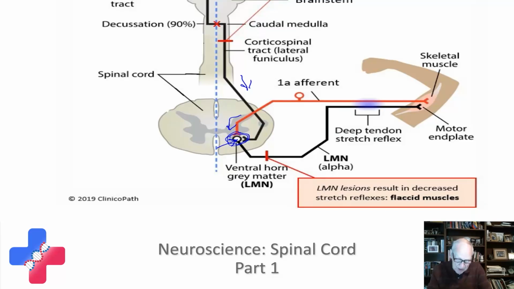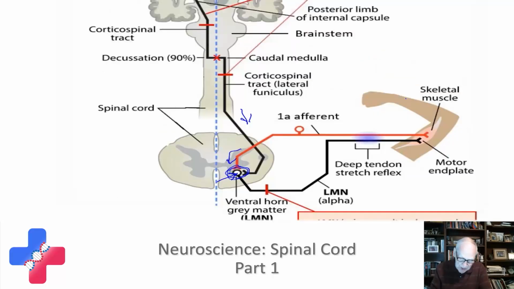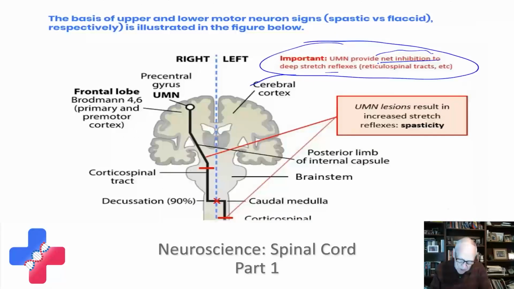So again, if there's a determination you need an increase or less tone, you're going to increase or decrease the speed of firing. So again, notice this is what's coming down through the upper motor neurons: corticospinal, reticulospinal, all of them do this. And actually corticospinal is not the main one. Reticulospinal is really the main damage that's going to affect this net inhibition, but they all do it.